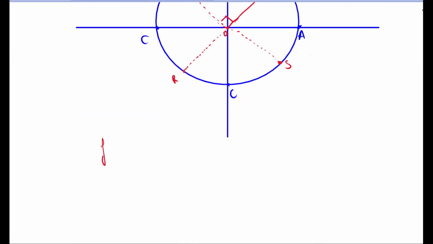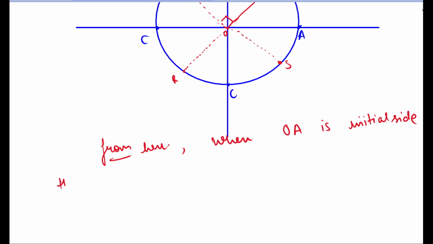So when OA is the initial side, then A, B, C, D are quadrant angles.